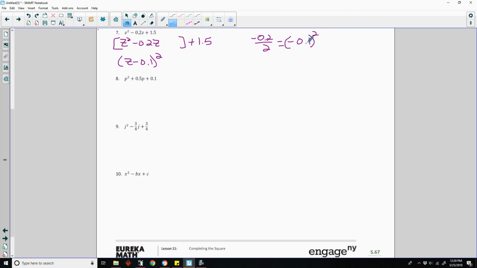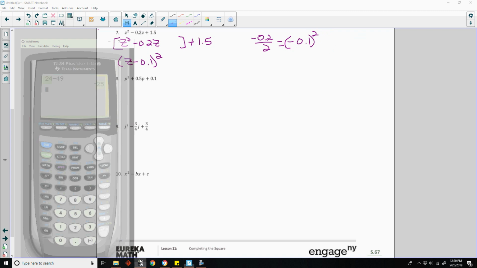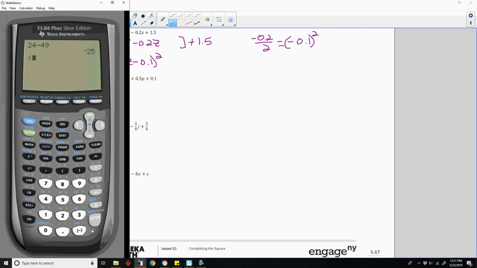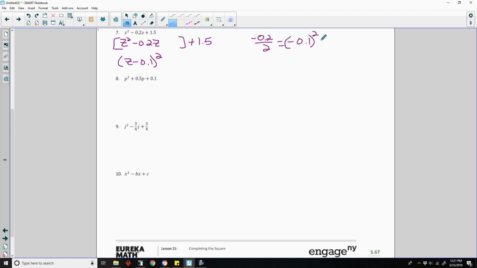Well, 0.1 times 0.1 is, and let's be careful here, and I'm going to show you that a negative times a negative is positive, negative 0.1 squared equals 0.01, because we have 2 decimal places. So that's going to equal a positive 0.01. So this is going to be plus 0.01.